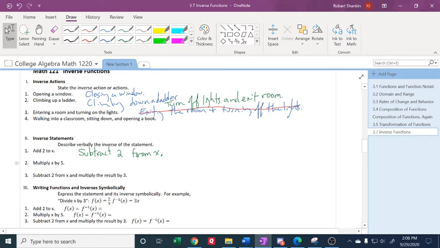Okay, so the next 2, go ahead and do multiply. Describe verbally the inverse of multiplying x by 5, and also do number 3. And type that into your group chat.